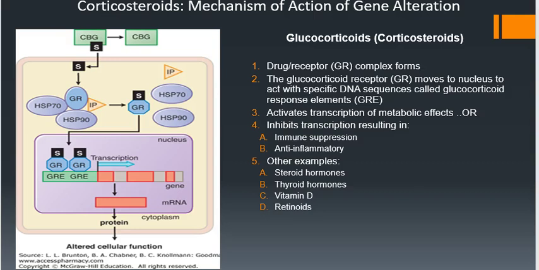The last count that I looked at was up to 20 to 30 genes that produce pro-inflammatory proteins, cytokines, chemokines, and so forth that were reduced in expression by steroid administration. All right, and so these are really potent drugs.